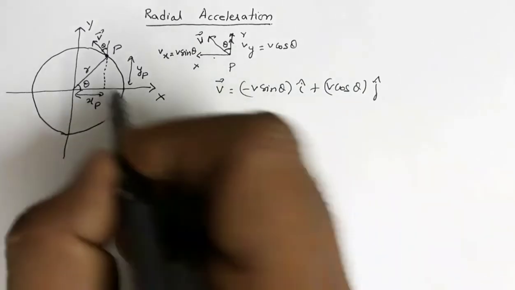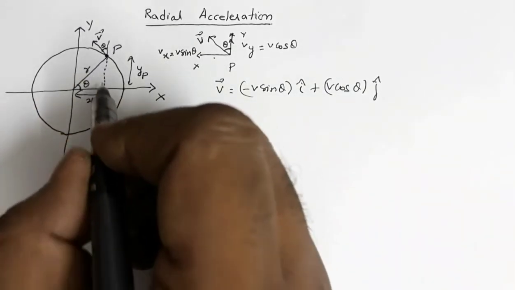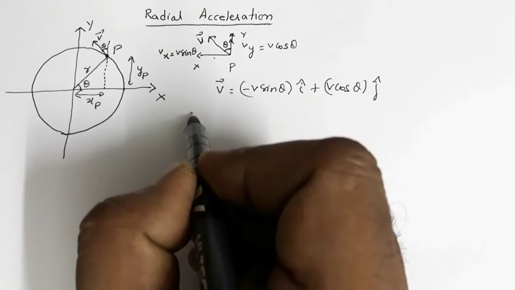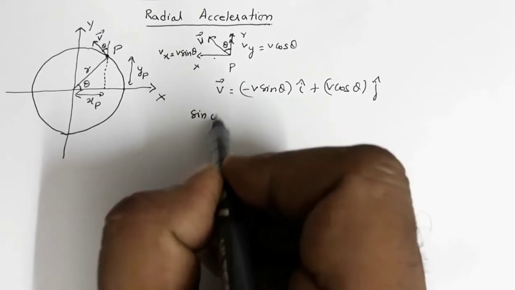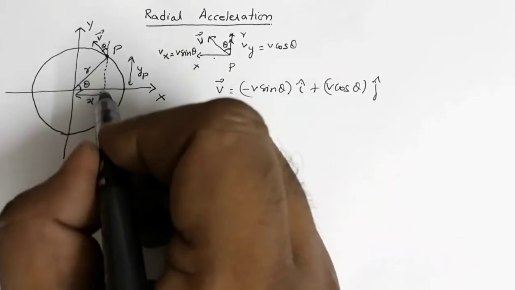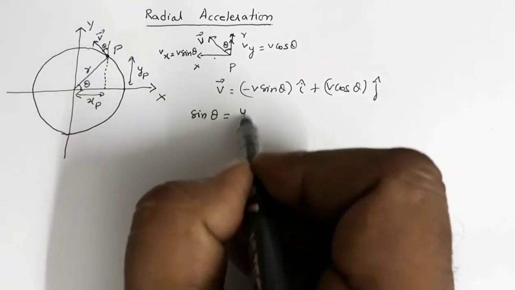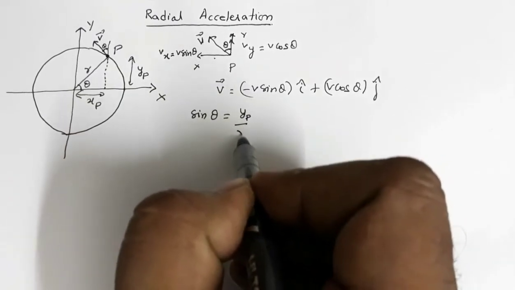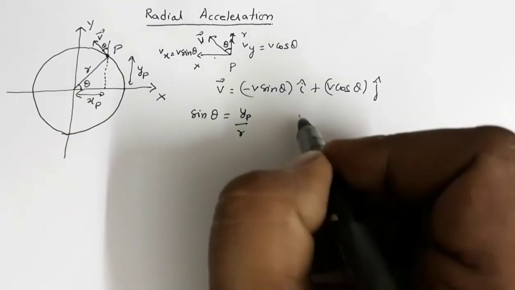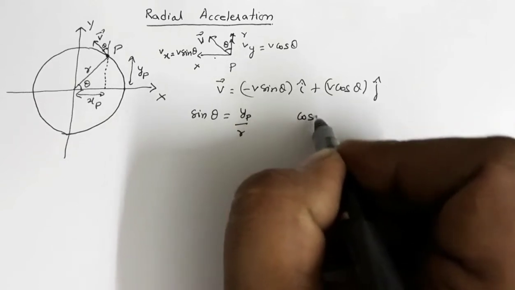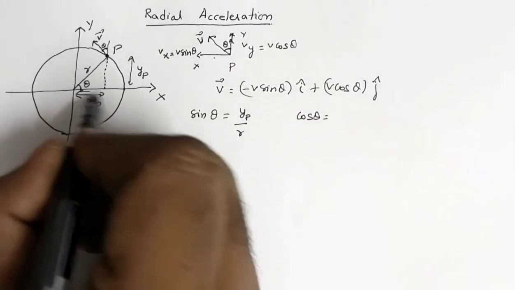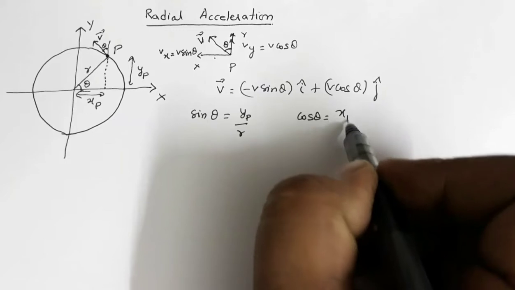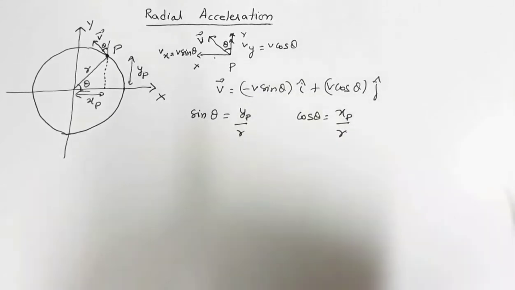Now in this right angle triangle, sin theta will be yp by r, and in the same triangle, cos theta will be xp by r.